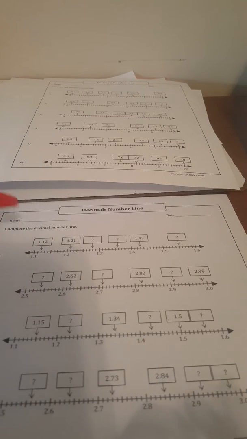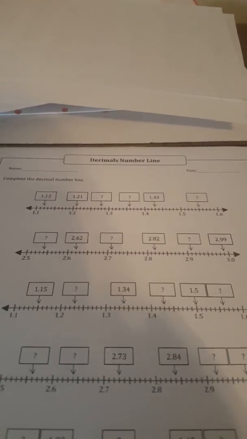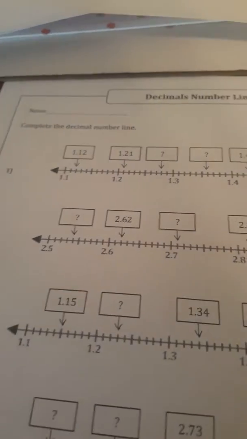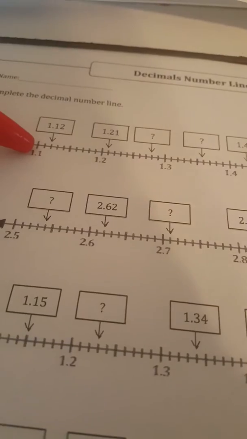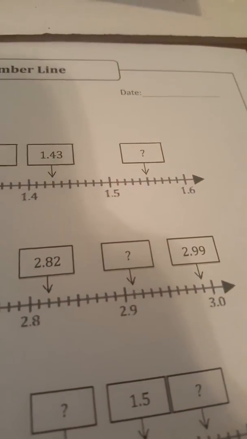So for example, this one, actually let me move the answer page to begin with. There we go. This one I've got, here, I'm going to hold this. The number line starts at 1 and 1/10, goes to 1 and 1/6.